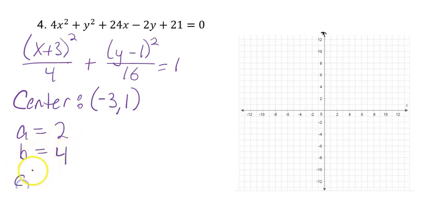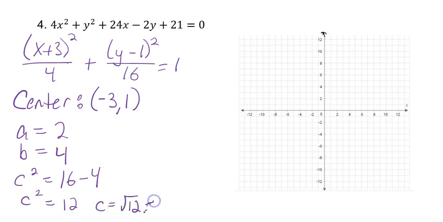I'm sorry about that. C squared will equal big minus small, so in this case 16 minus 4. So C squared will be 12. C will be the square root of 12, which is about 3.5 roughly.